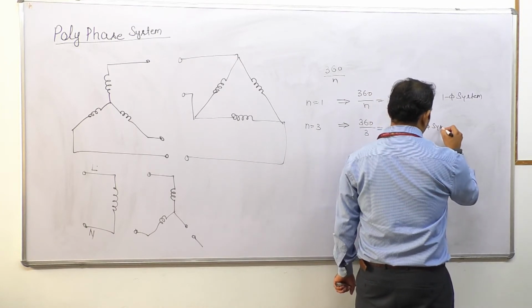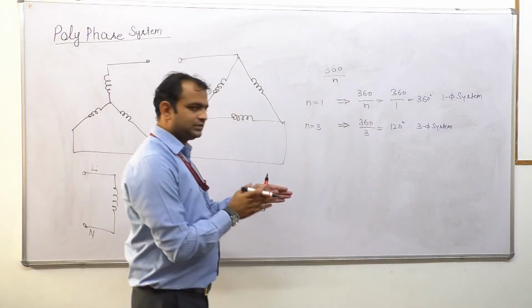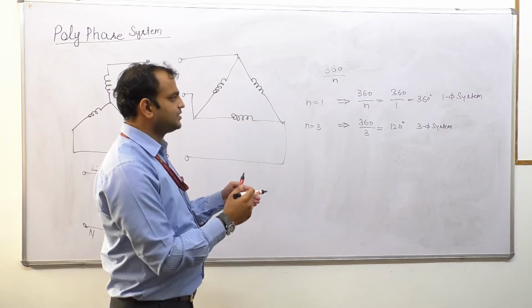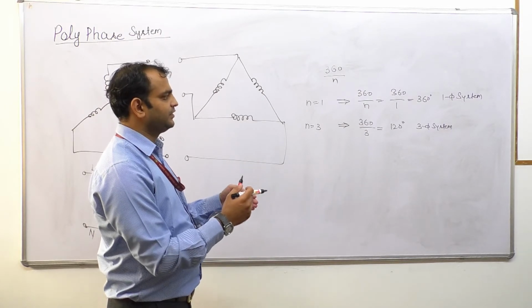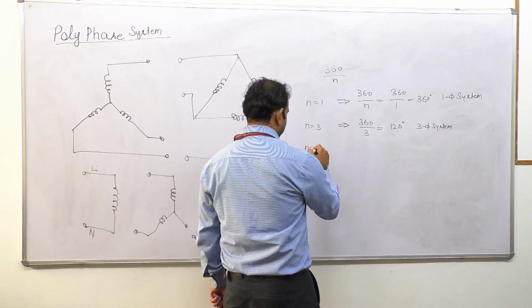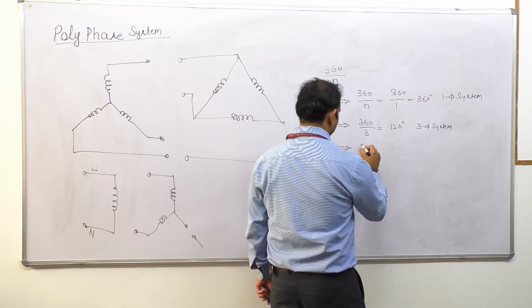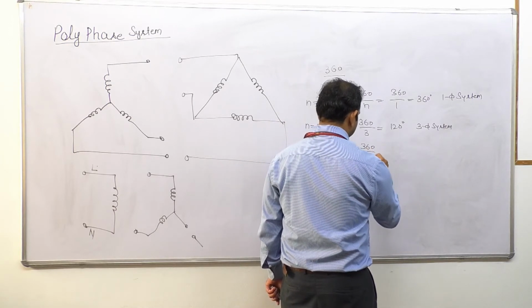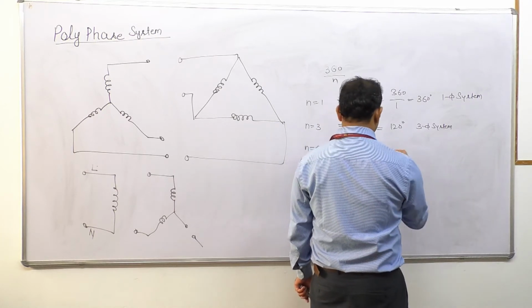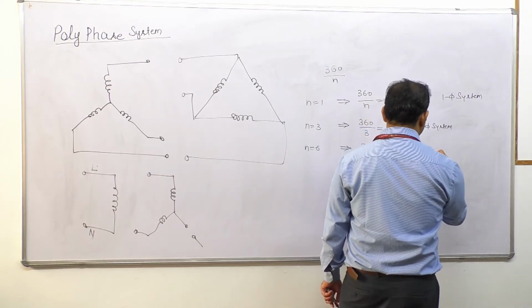The phase angle between the three phases is 120 degrees. If n is equal to 6, then 360 by 6 is 60 degrees. So it is called a 6-phase system.